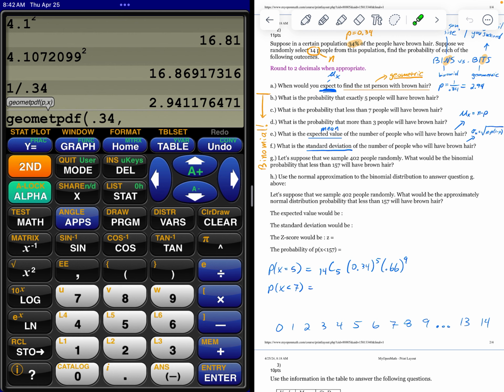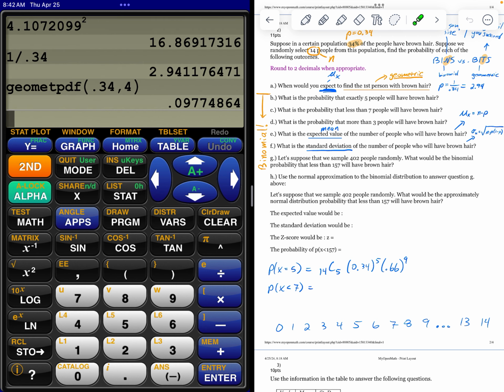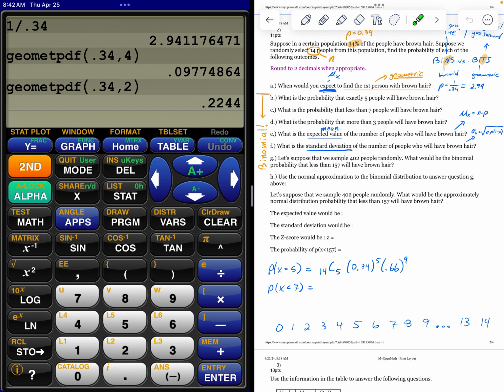I guess this doesn't do the average, but we could say, what's the probability it happens on the 4th person? The 4th person is the first person with brown hair. Well, that happens 9% of the time. What's the probability it happens on the 2nd person? Oh, that'll happen 22% of the time. Kind of interesting. What if I go all the way to the 10th person? What's the probability it will take that long?